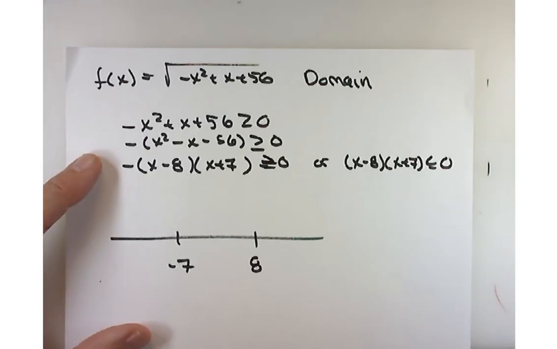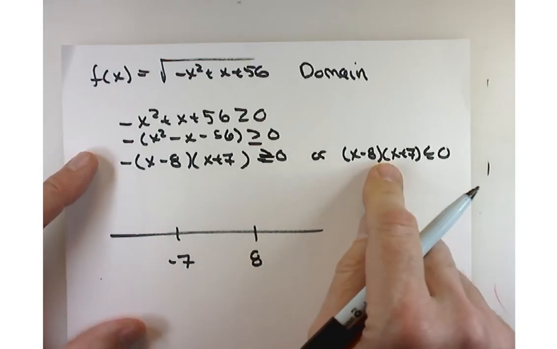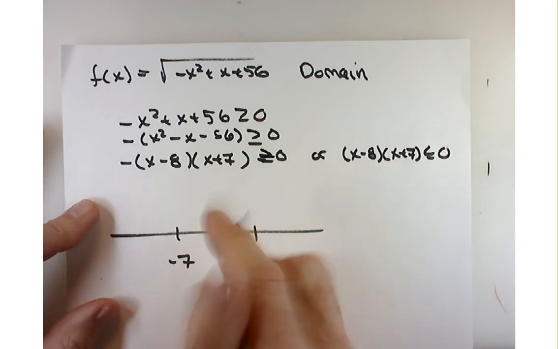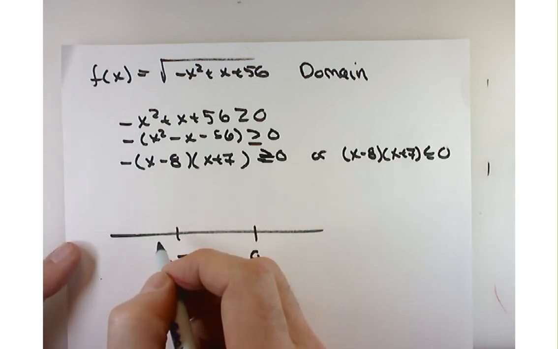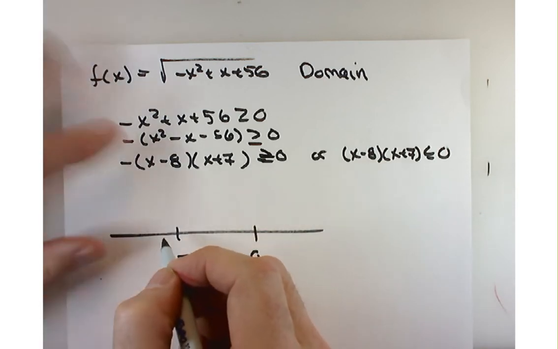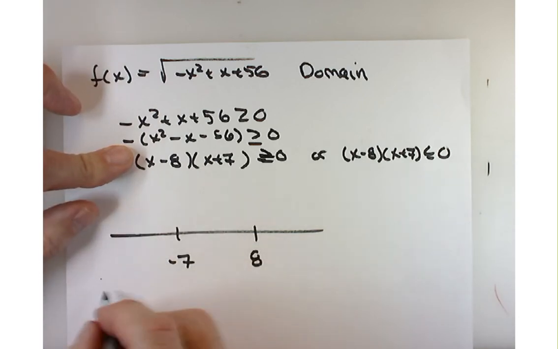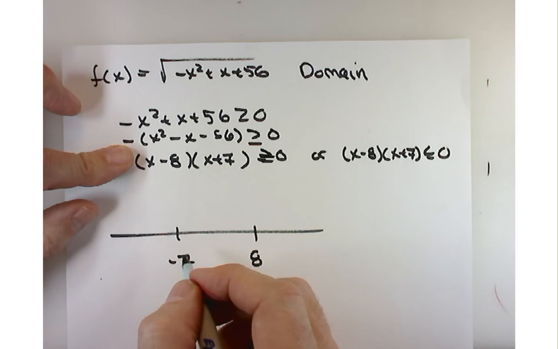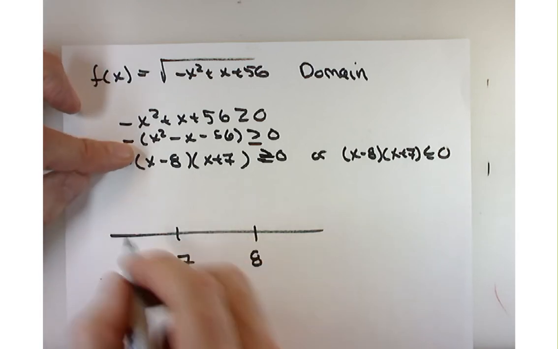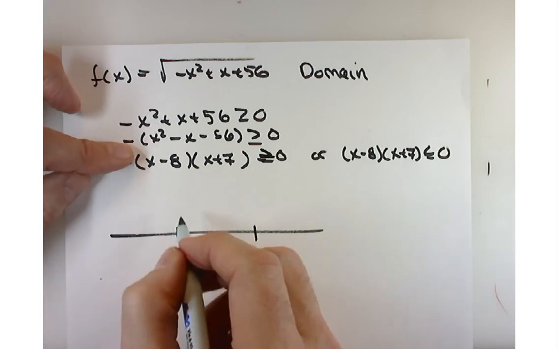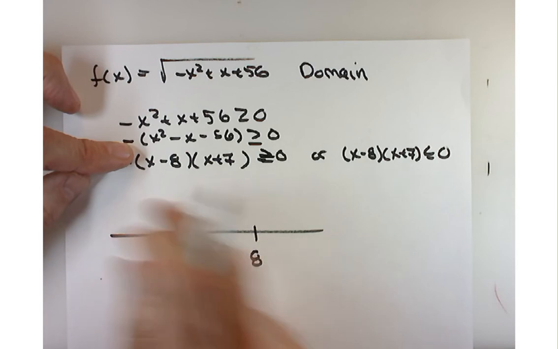Either way, it's going to solve okay. But sticking with this one's going to turn out to be, let's see. All right, you can do your test points. I was trying to kind of hurry this one up, so I think it's going to be negative, positive, negative.